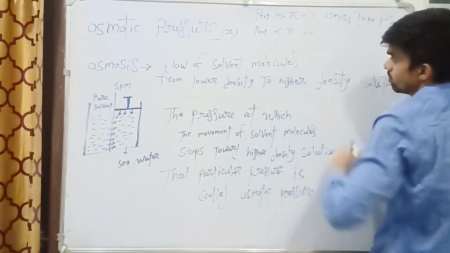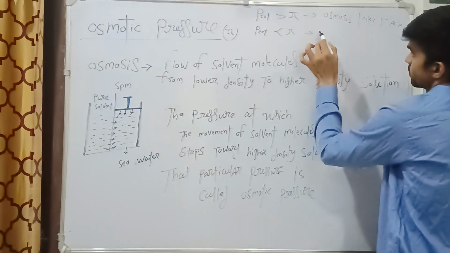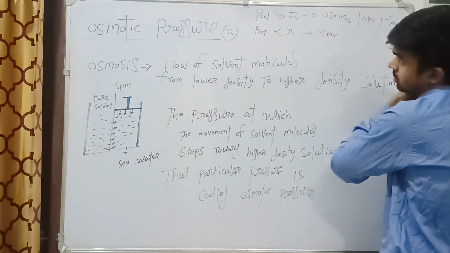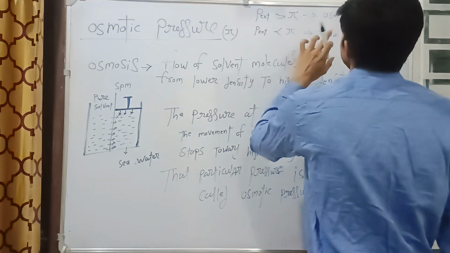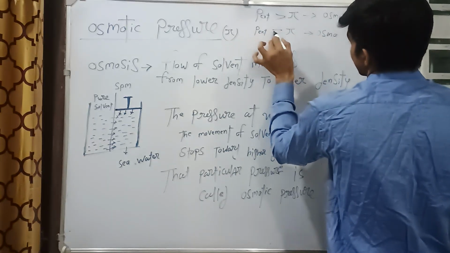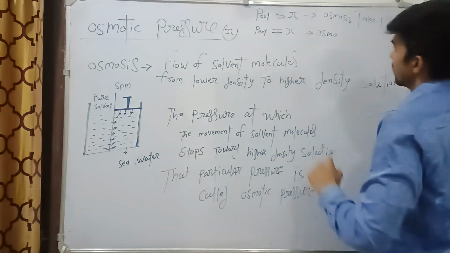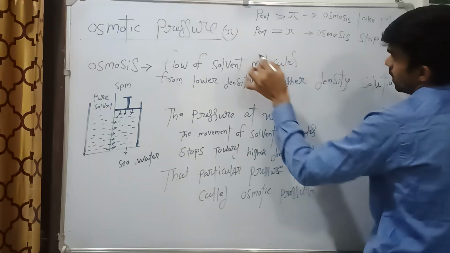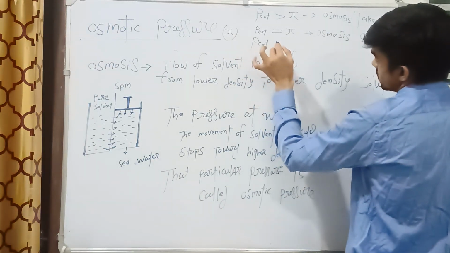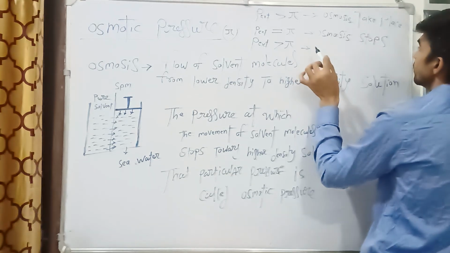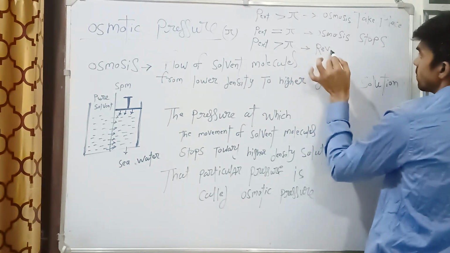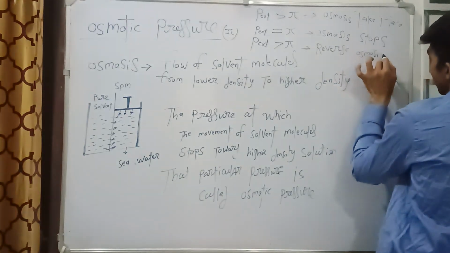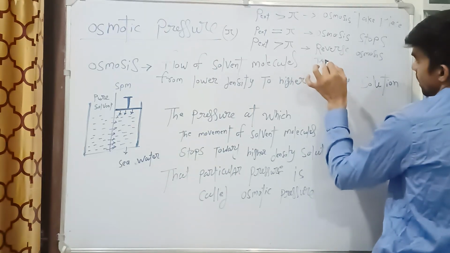When pi is greater than P external, osmosis will take place. And when P external is greater than pi, then reverse osmosis will take place.